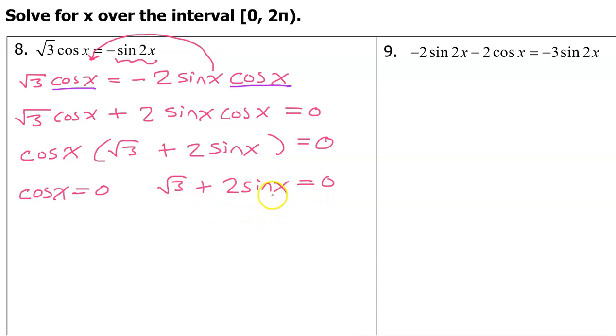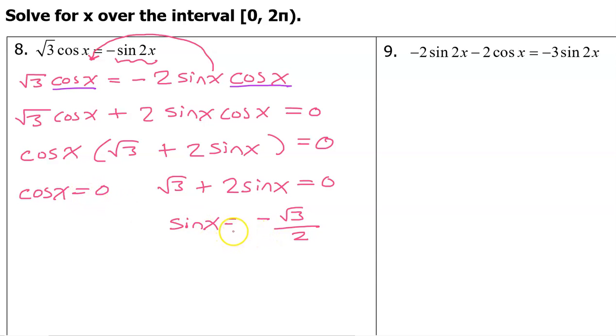I need to get sine x by itself, so I'm going to subtract the radical 3 and divide by 2. So I'm going to end up with sine x is equal to negative radical 3 over 2.